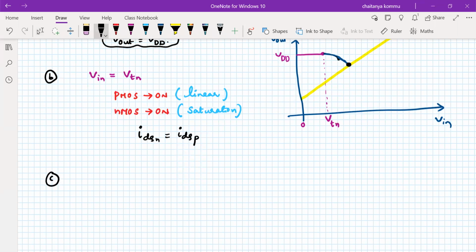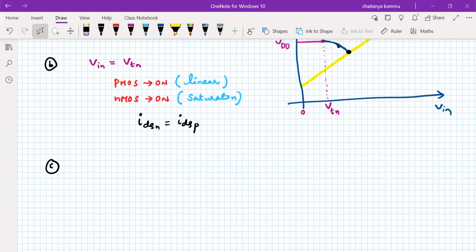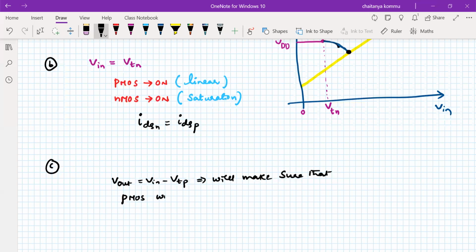We will define the values of this later. For the time being, just understand that in the third case, when Vout is equal to Vin minus |VTP|, PMOS will enter into saturation.